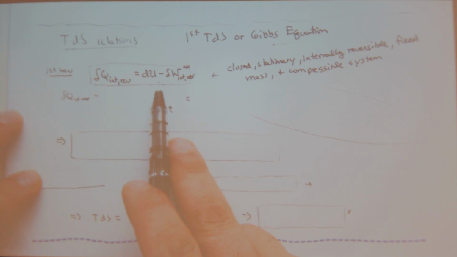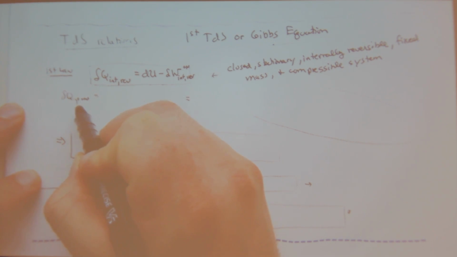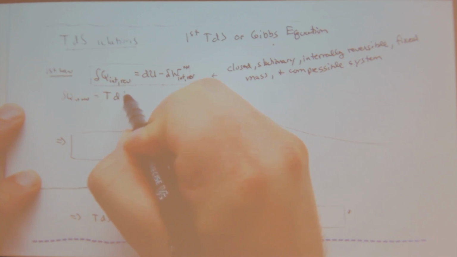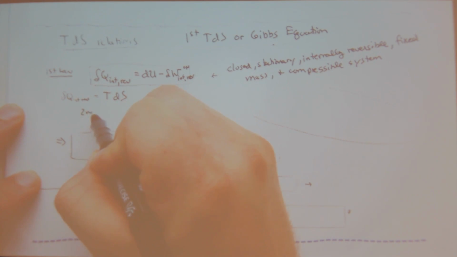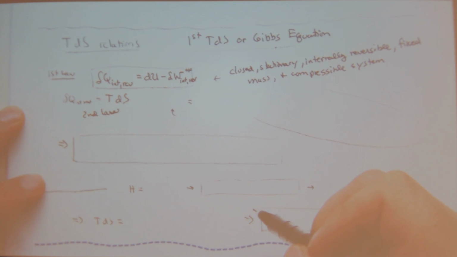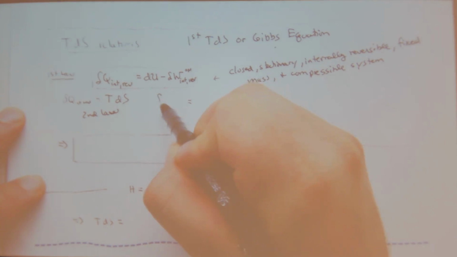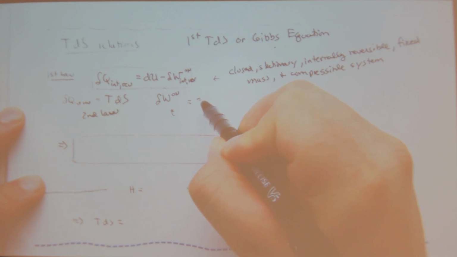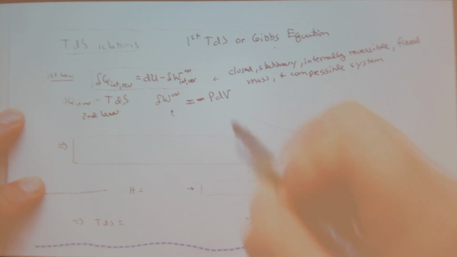So when I have this here, I already know that the incremental amount of heat can be expressed as this from the second law. And I know that delta work on is equal to minus P dV.